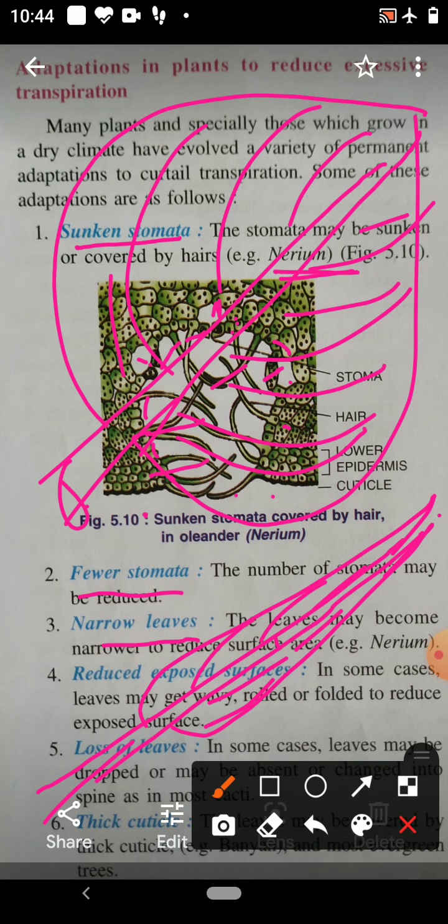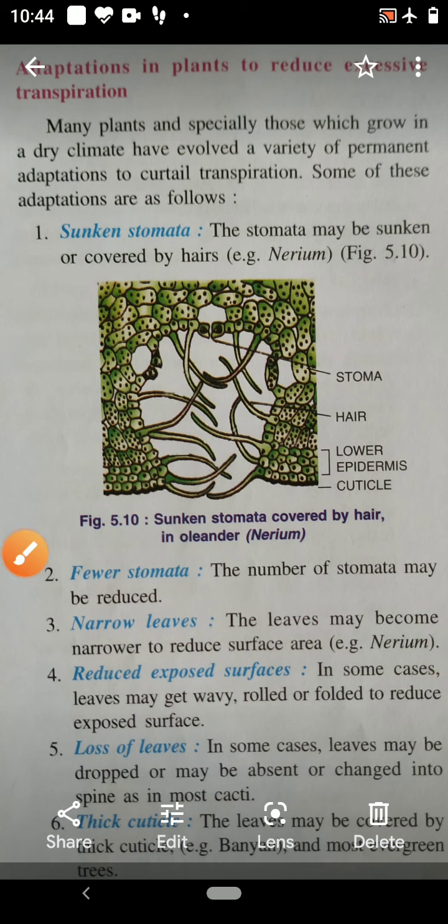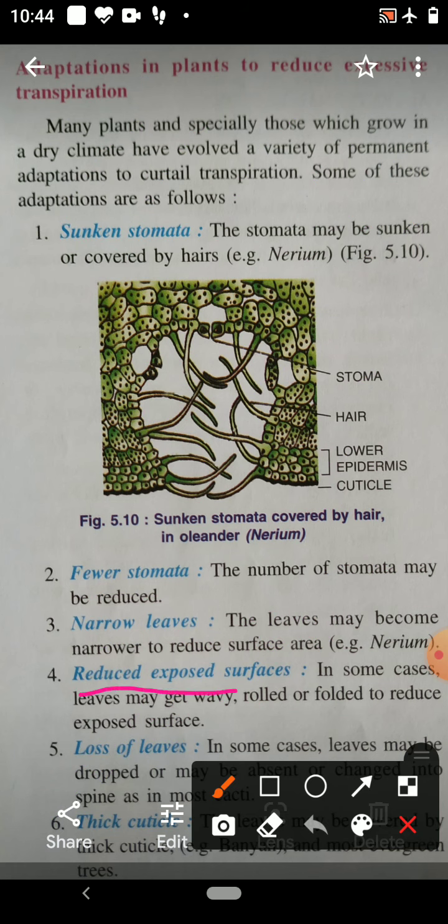Next is reduced exposed surface. Many plants, for reducing the rate of transpiration, have folded leaves.